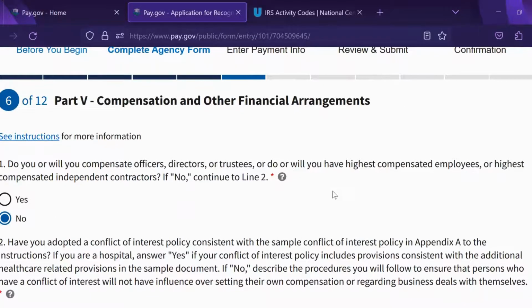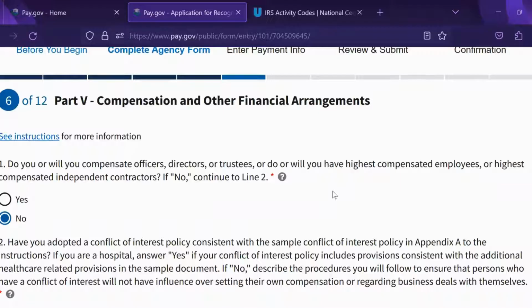back to question 1, because Jane is a member of her board. She's an officer and she is also an employee. So her salary is a salary as a staff member, not as a board member. So she's not being paid to be on the board. She's being paid to be an employee of the organization.